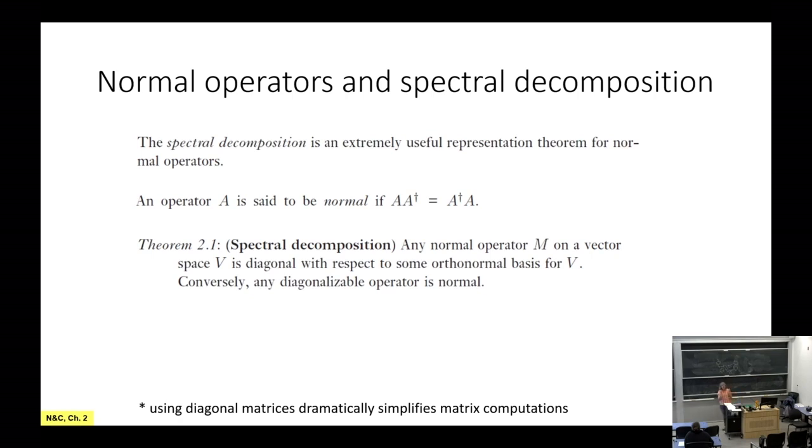And so people often call spectral decomposition eigen decomposition. So what it does is it decomposes a square matrix into the product of 3 matrices.